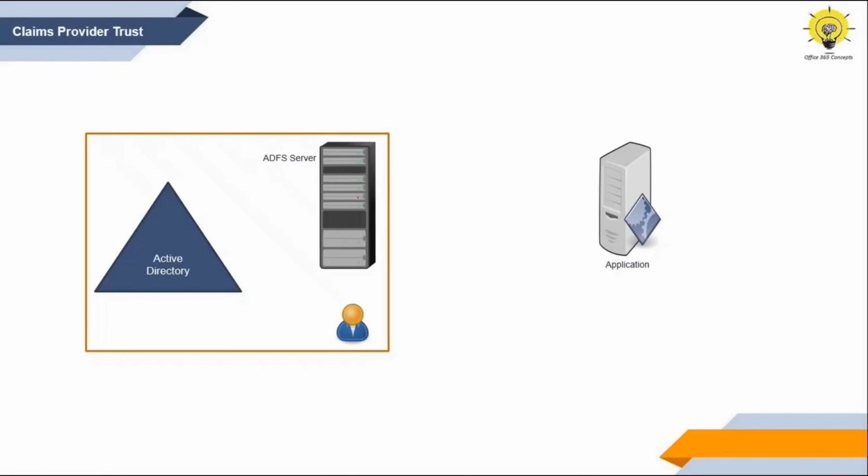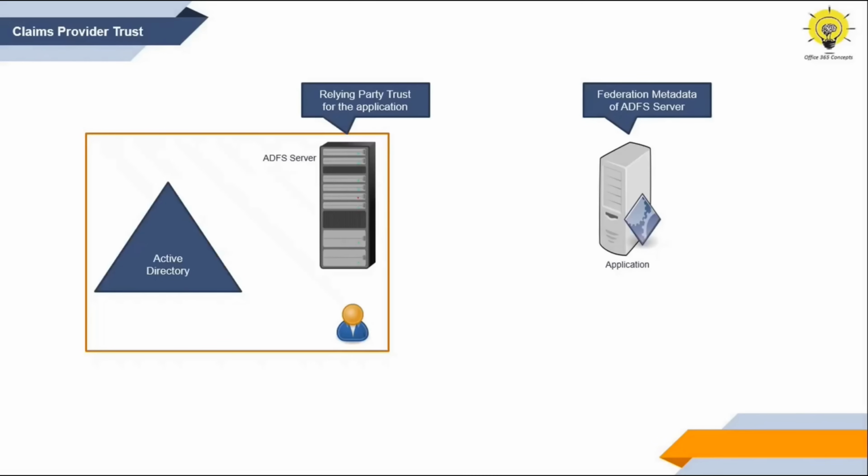Let's assume we have integrated one application with the ADFS server. This application has the federation metadata of the ADFS server, and the ADFS server has a relying party trust created for this application. Now this application knows that if any user from this organization asks for access, it will have to reach this particular ADFS server.